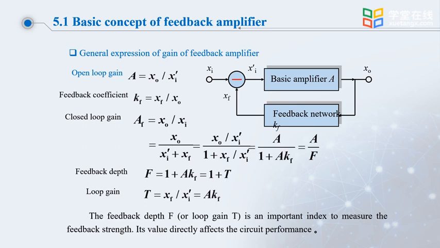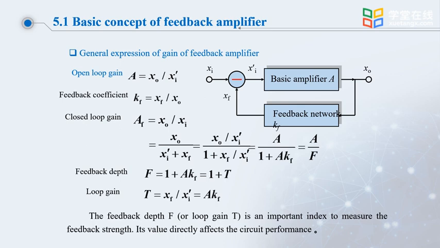So the input signal is the sum of the net input signal and the feedback signal. So, according to the open loop gain above, A equals Xo over Xi', and the feedback factor KF equals XF over Xo. In the closed loop gain Xo over Xi, we divide the numerator and denominator by Xi'. So this one above is the open loop gain.